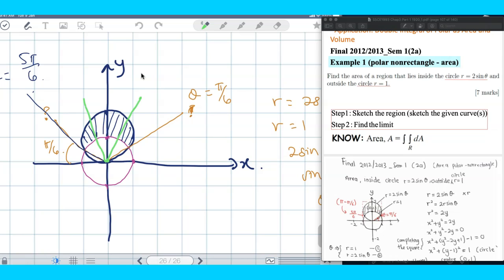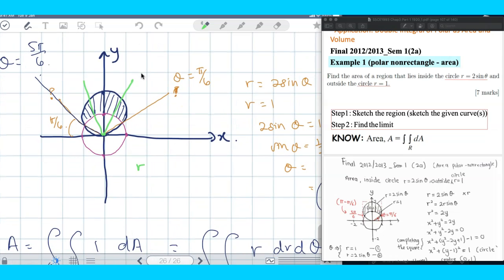Okay. So now you can see that there is no region over here, but the starting point is at this and this, and you have to provide more lines, so they are all along r equal to 1, right?